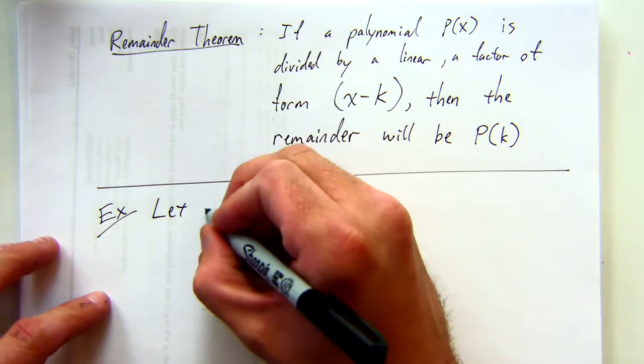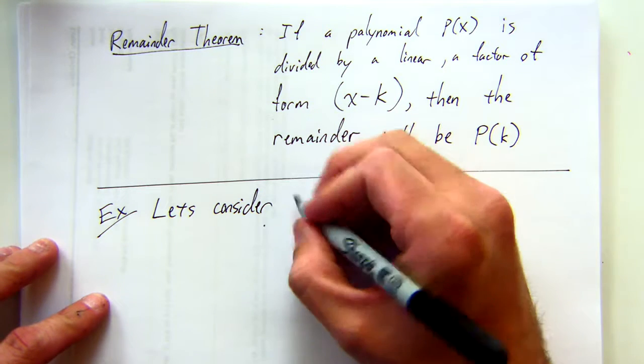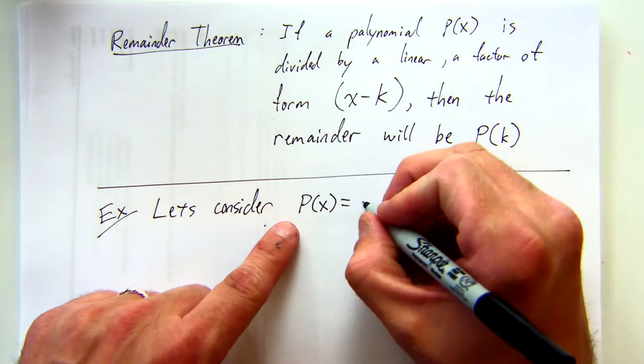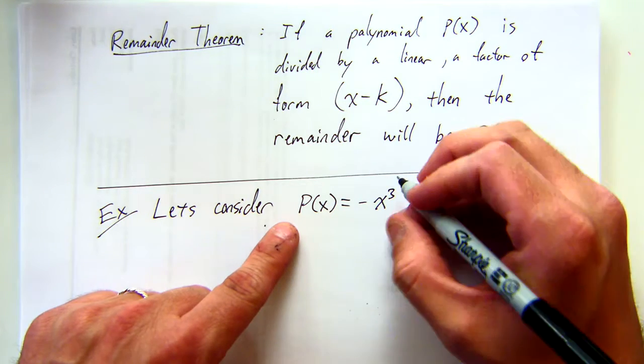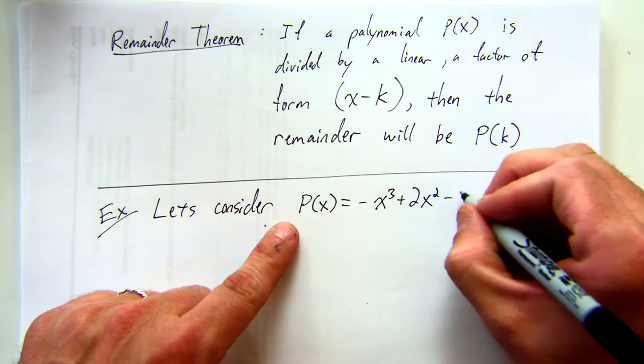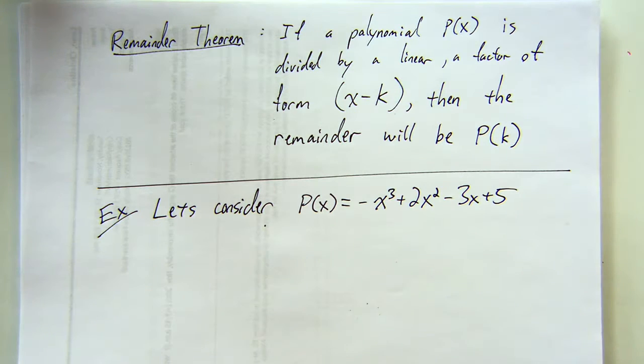So let's consider the polynomial p of x is negative x cubed plus 2x squared minus 3x plus 5.